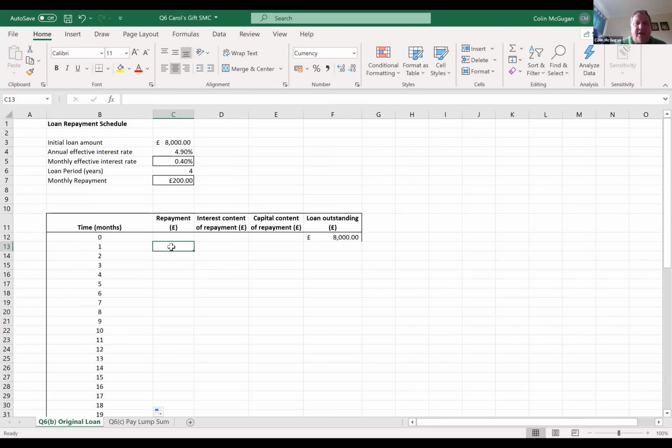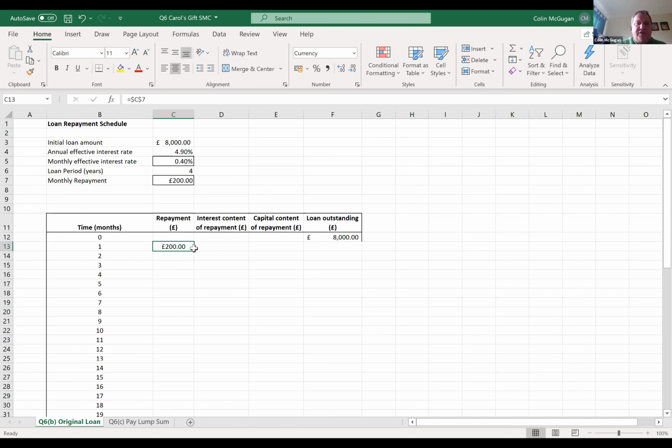In C13, I want the repayment. The repayment is going to be the same amount each time. So I want the absolute value for cell C7 with the £200 in it. I'll put that in like that. And remember the equal sign.